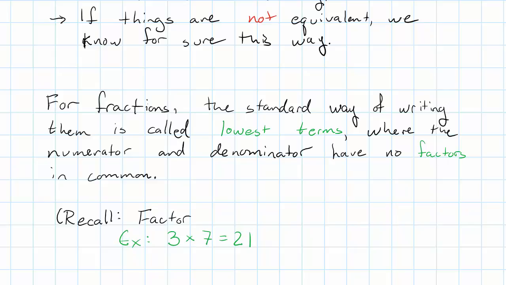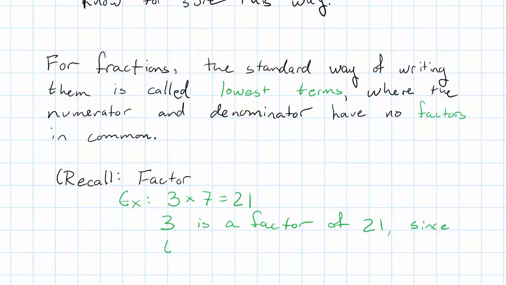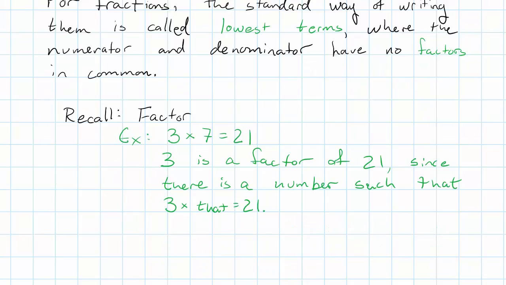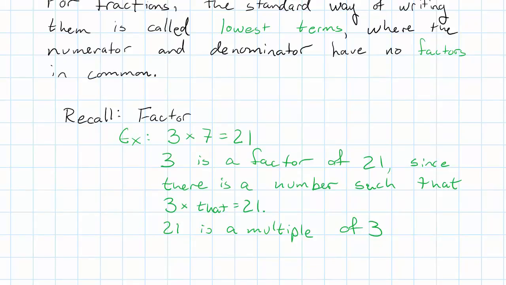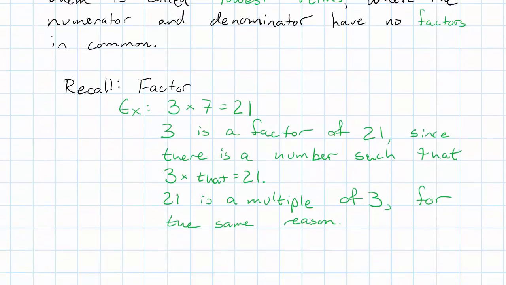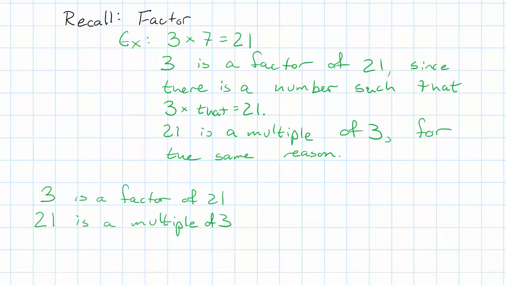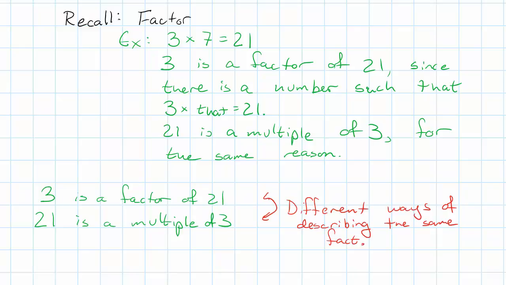Looking at this multiplication sentence, we see that 3 is a factor of 21, since there is a number that we can multiply by 3 in order to get 21. From the same sentence, we say that 21 is a multiple of 3 for the same reason, right? So to say 3 is a factor of 21, or 21 is a multiple of 3, these are different ways of describing the same fact.